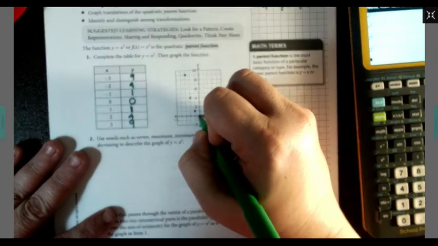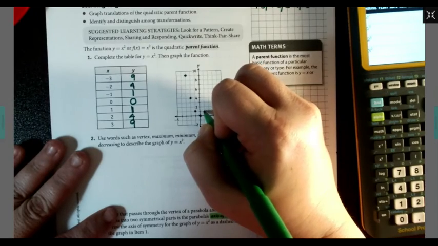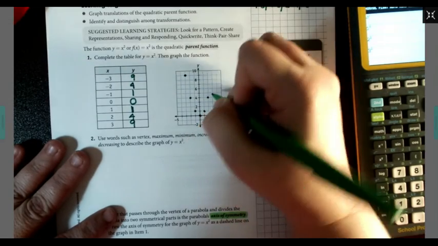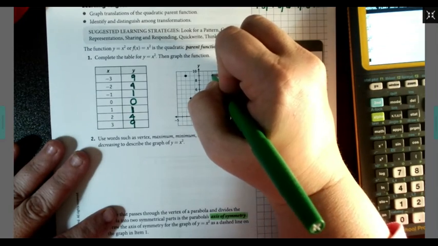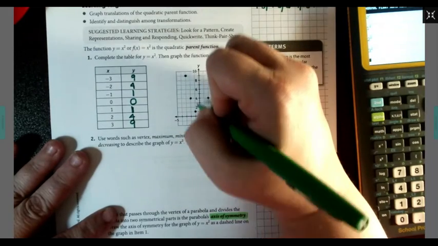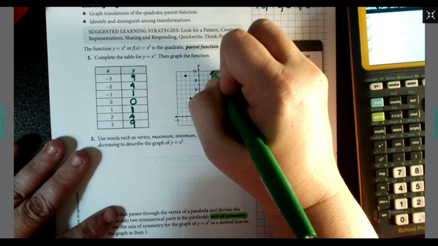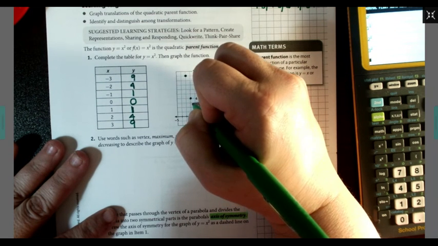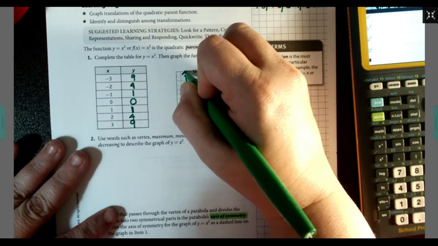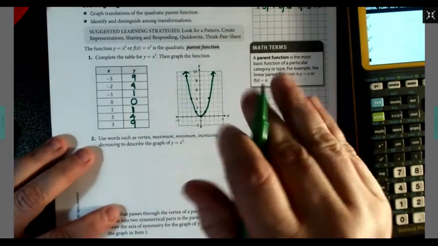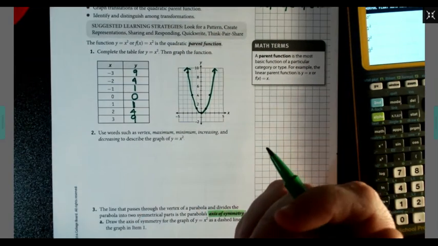We have 0, 0, 1, 1, 2, 4, and 3, 9. We're going to connect these with a line. And we've got this curved action going here.